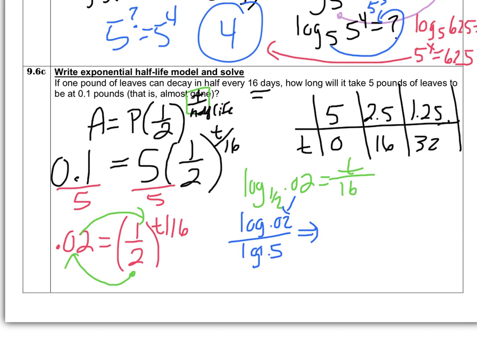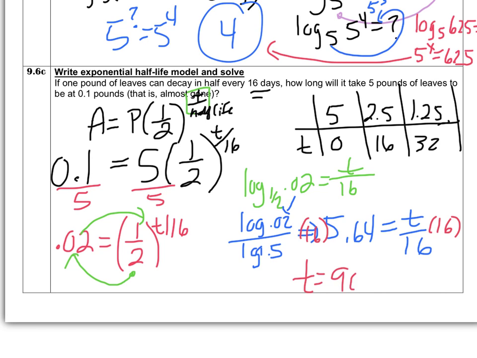When you do that, here's what you get, is this equation here. Now, to get t divided by 16 by itself, I'm going to multiply both sides by 16. And after you crunch out that value, you're going to get that t is equal to 90.3 days.